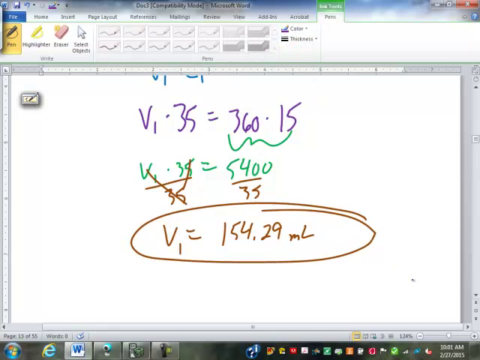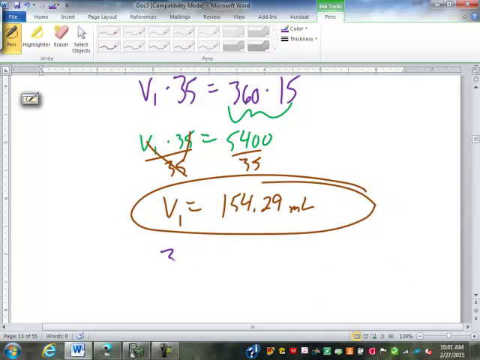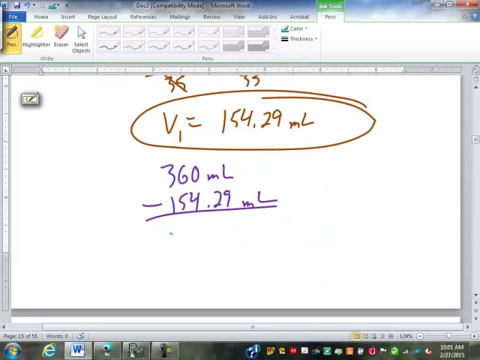So we have the 360 total minus 154.29 milliliters is going to give us 205.71 milliliters of sterile water. Of course, this was of the 35%.